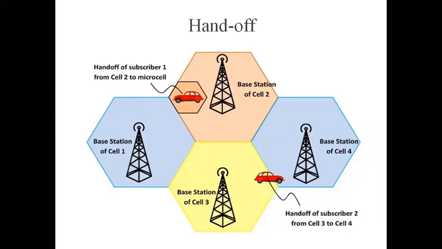Take the example of a traveling user moving within the jurisdiction of a large cell. If the traveler stops, then the jurisdiction is transferred to a micro cell, to relieve the load on the large cell, because the large cell has a number of subscribers. That particular cell is under a lot of pressure and load.